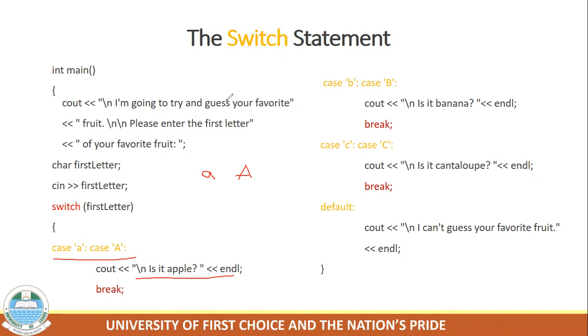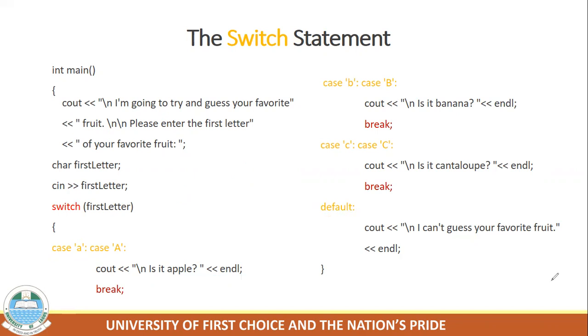Else, if none of your options, let's say Z now, you input Z, then the default, because Z is not part of this case, the fourth will be printed. That is to say, I can't guess your favorite fruit. All right, good.